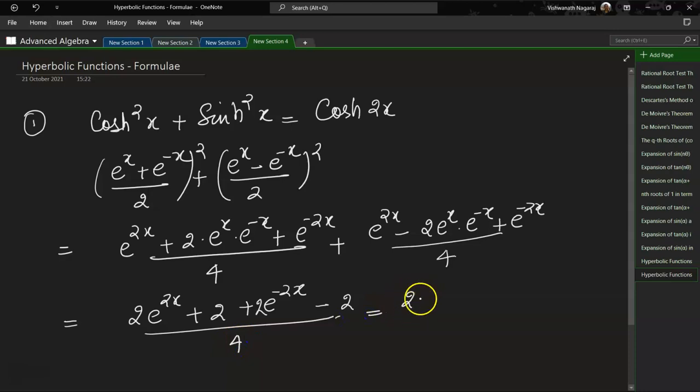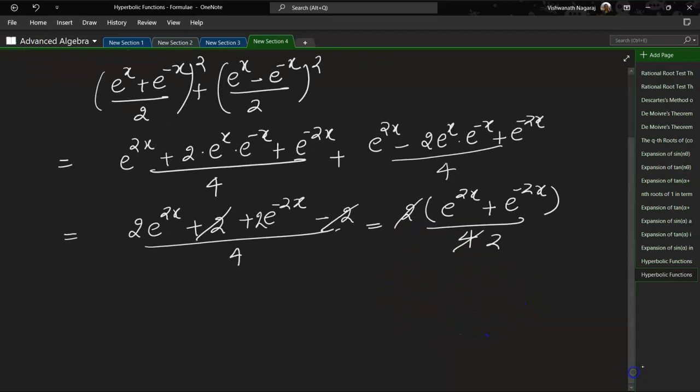Now let's take 2 common out. These two cancel out. We are left with e to the power of 2x plus e to the power of minus 2x by 4. So 2 cancels, and we have e to the power of 2x plus e to the power of minus 2x by 2, which is nothing but cosh 2x.